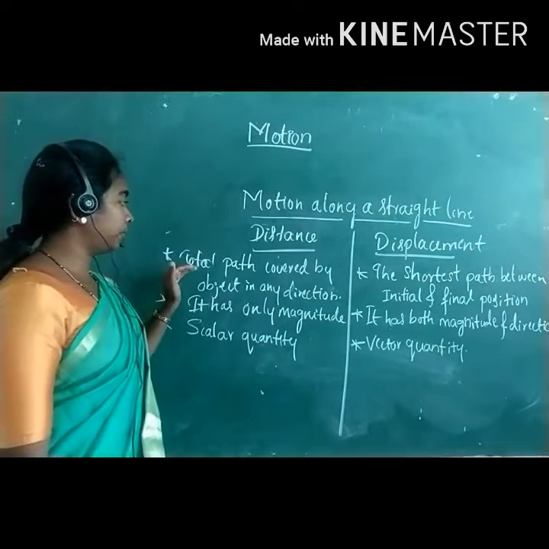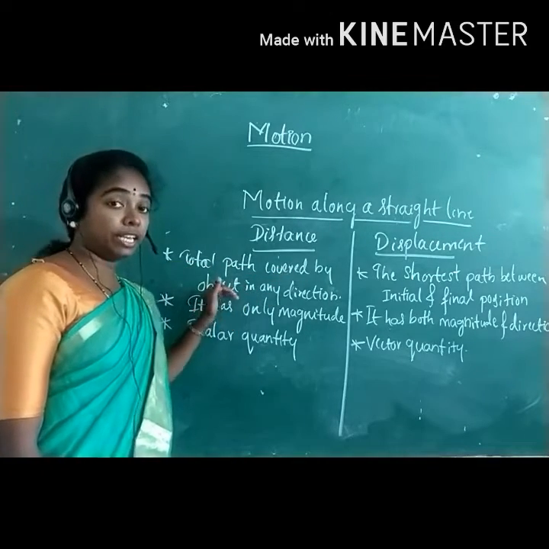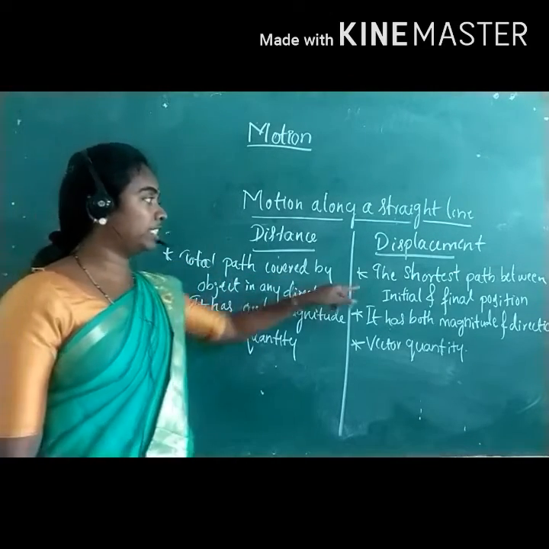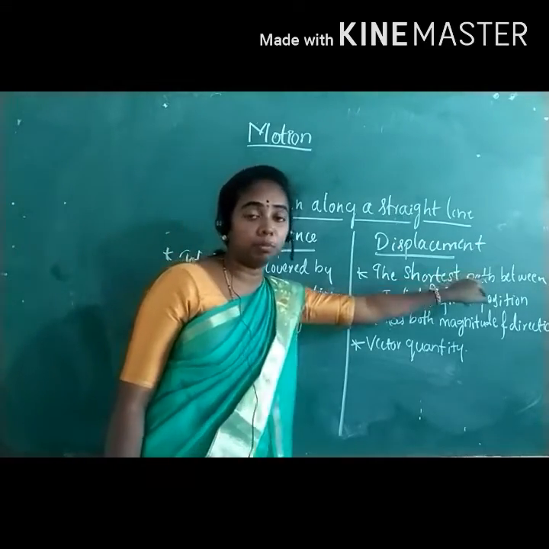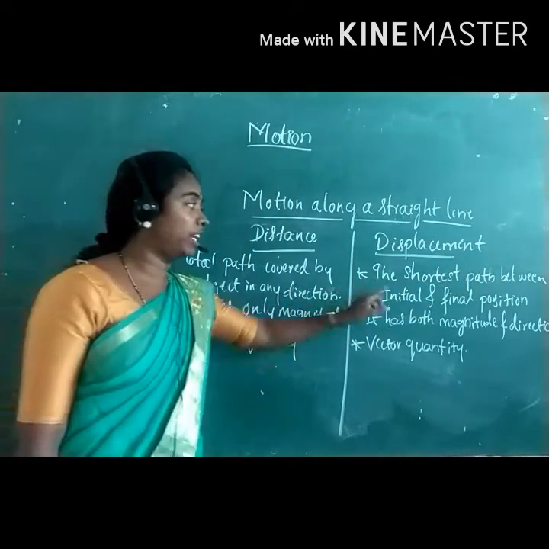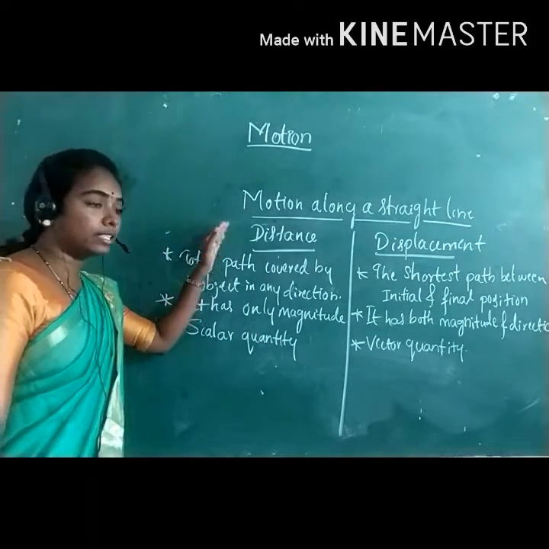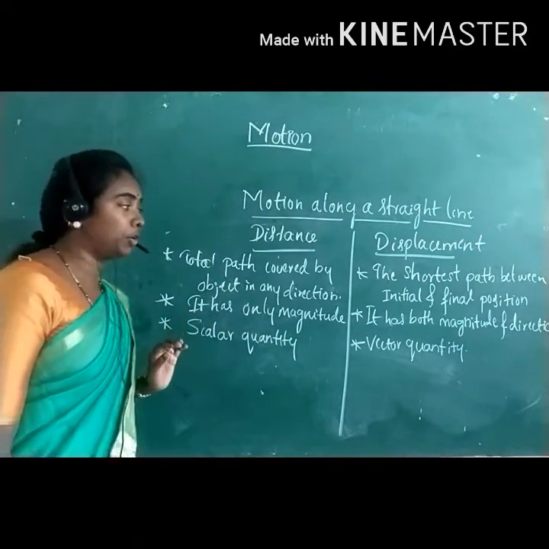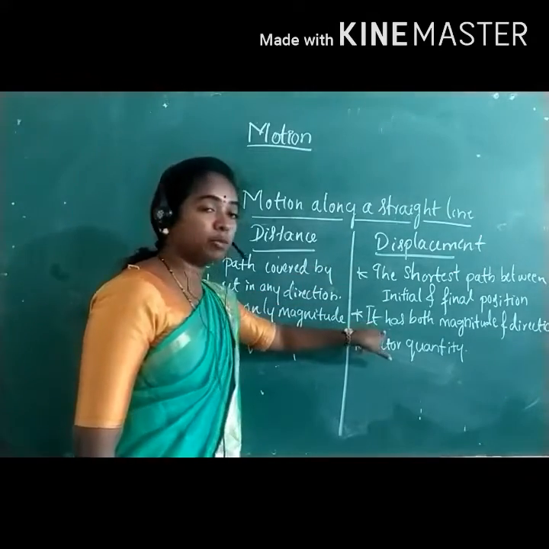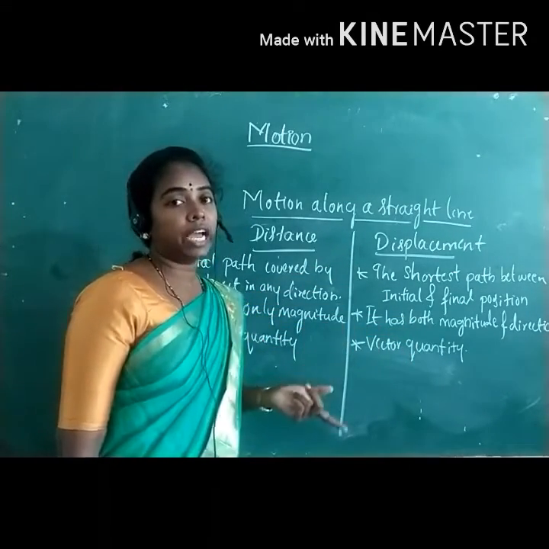Distance is the total path covered by the object in any direction, whereas displacement is the shortest path between the initial position and final position. Distance has only magnitude, whereas displacement has both magnitude and direction.